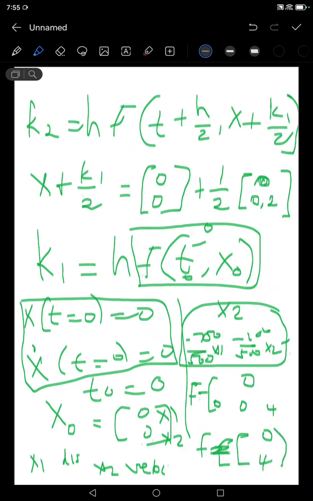And remember, the value of k1 is h multiplied by f, and now we get our f as 0 and 4. So h, which is 0.05, multiplied by 0 and 4. To get k1, it's 0.05 multiplied by 0, which gives 0, and then 0.05 multiplied by 4, which gives 0.2.